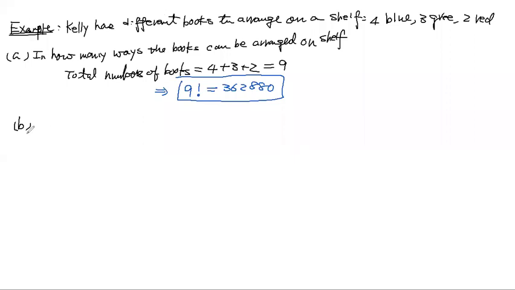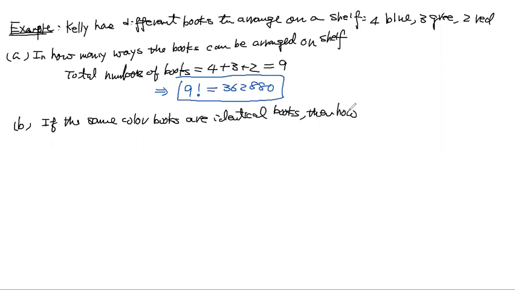They said, if the same color books are identical books, okay, then how many ways can we arrange them? Then how many ways can we arrange here?